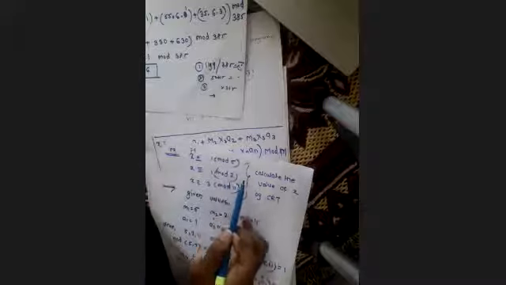So if we put the x value as 36 here, here also 36, here also 36, it means 36 mod 5 should be 1, 36 mod 7 should be 1, 36 mod 11 should be 3. So if you verify, you will get the correct answer. In this way you can verify whatever final x value you receive, whether it is correct or not. Simply put the values into the given congruent equations and verify it.